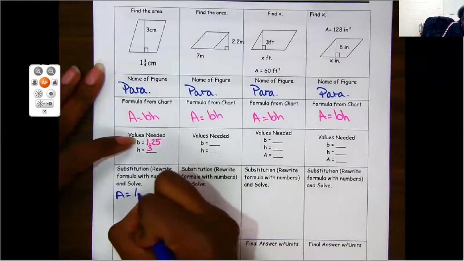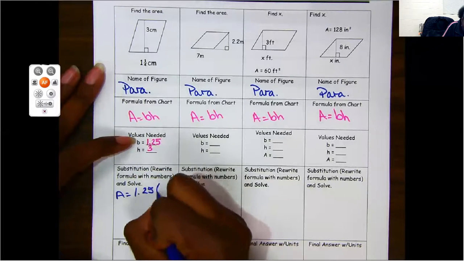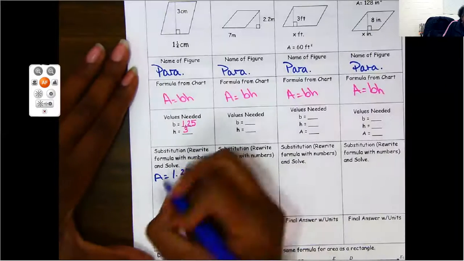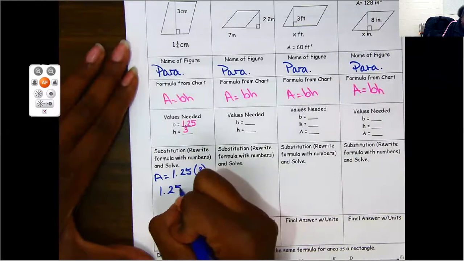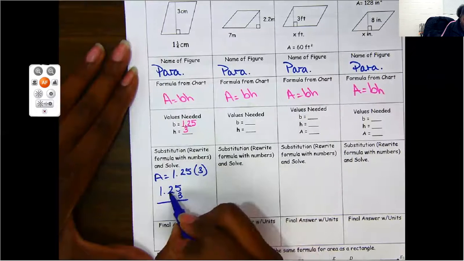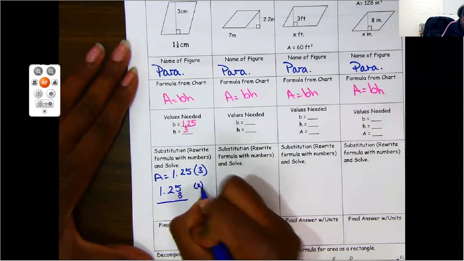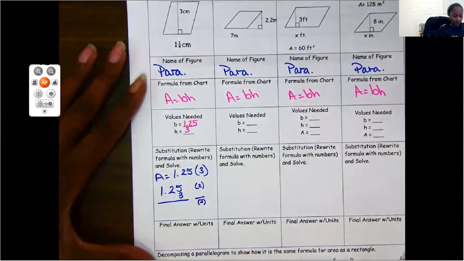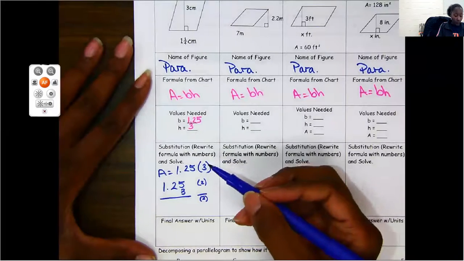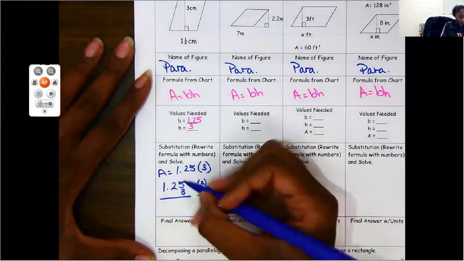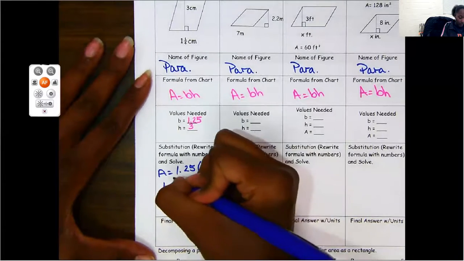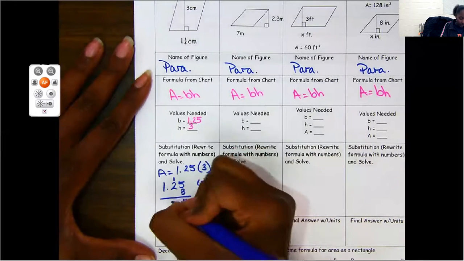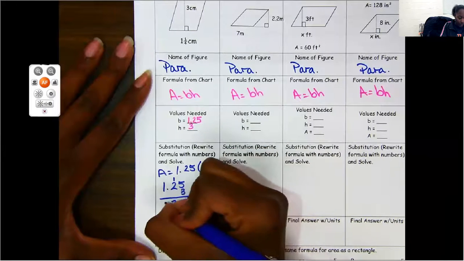My base is 1.25. I will be multiplying that by 3. Let's set it up. 1.25 times 3. I have 2 numbers behind the decimal. So in my final answer, I need to move my decimal 2 places. Multiply like normal. 3 times 5, 15, carry our 1. 3 times 2 is 6, plus 1 is 7. 3 times 1 is 3.